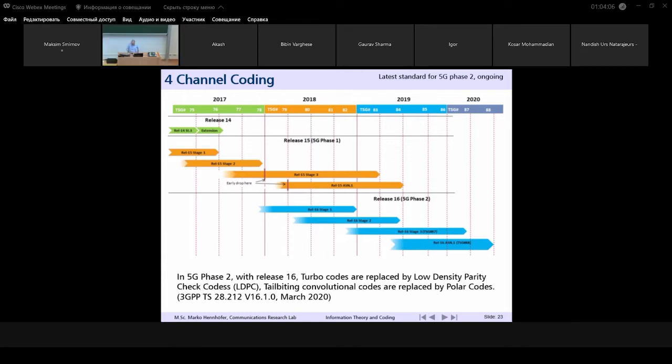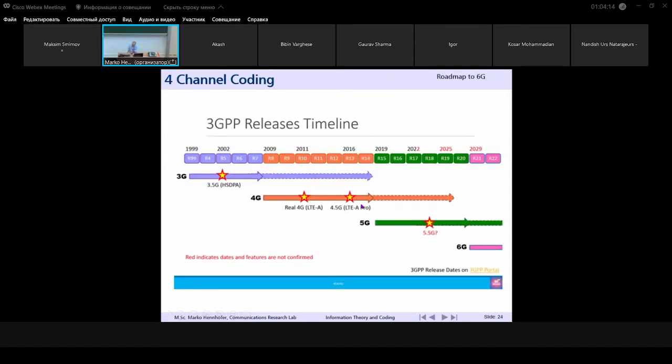Okay, thanks. And here actually is the updated slide to see how the story will continue. So with release 17 and release 18, which is currently worked on, we talk about 5.5G, and 6G is now under research.